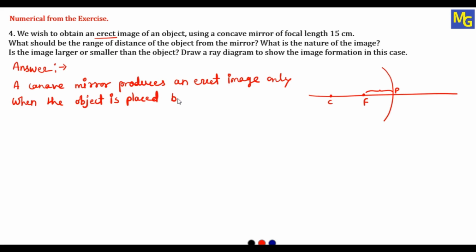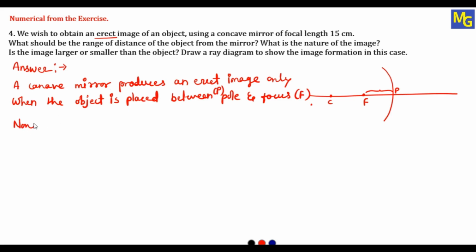It should be placed between pole and focus. That is nothing but our principal focus, capital F, and pole is capital P. So between these two. So this is the answer for the first question.